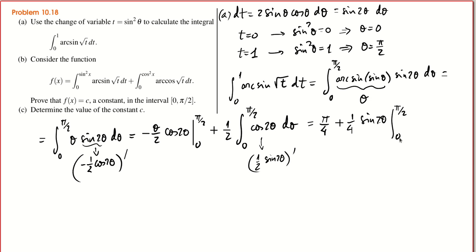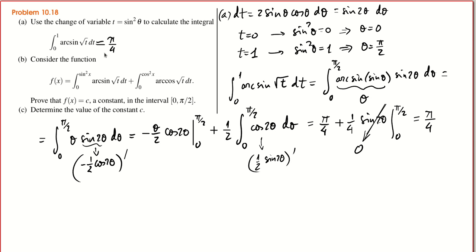When theta is 0, we have the sine of 0, which is 0. And when theta is equal to pi over 2, this is the sine of pi, which is also 0. So this term here is 0. Okay, so the answer to this is just pi over 4. So the integral we want to calculate, this one here, is just pi over 4.